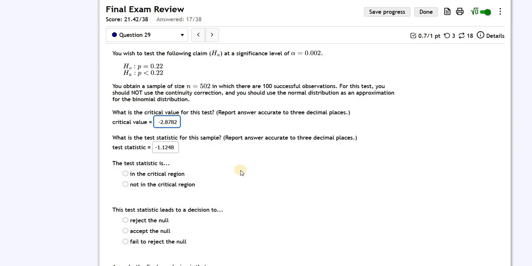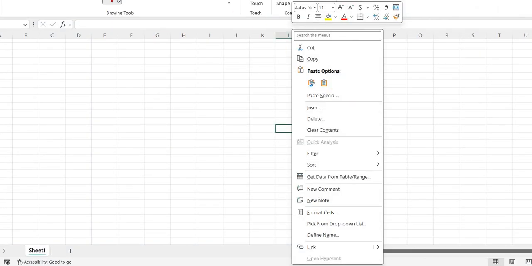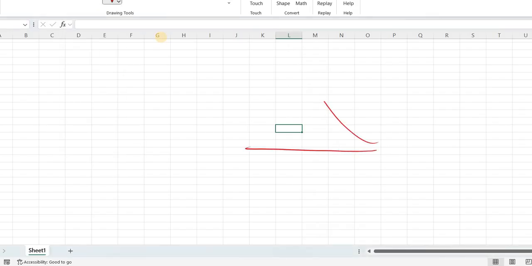So now what do we have here? Comparing, this is a left-tail test. Let me try to make a picture here for you to see. If I want to make a normal distribution curve, this is the normal curve, and then the test statistic and the critical value.